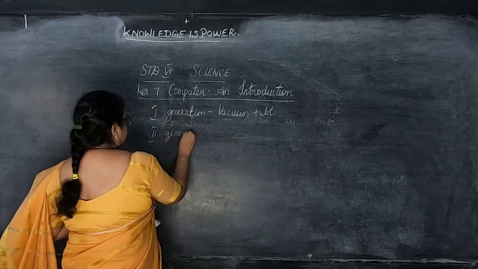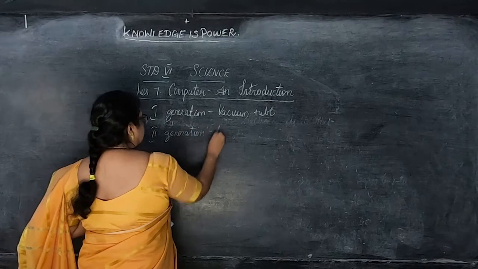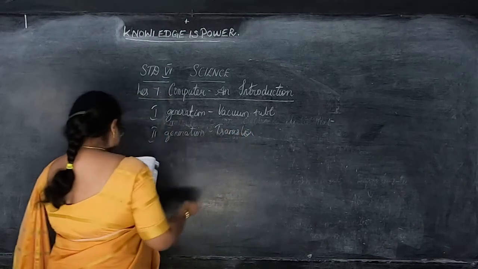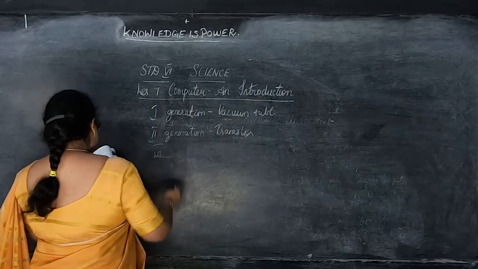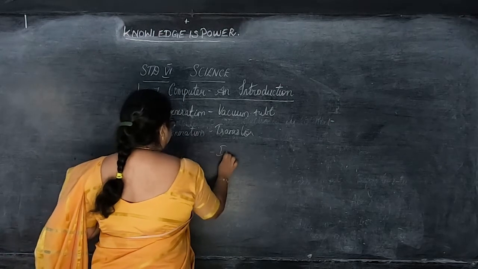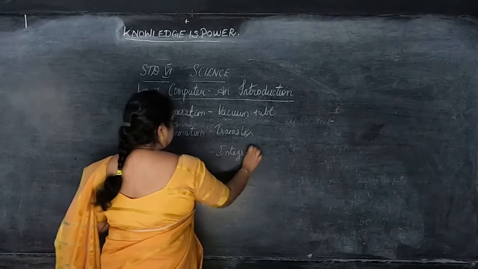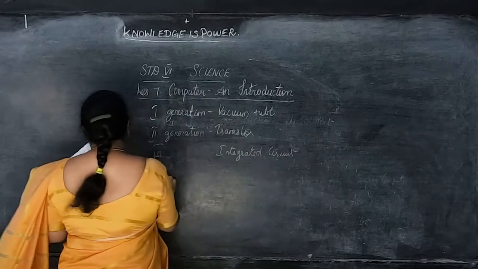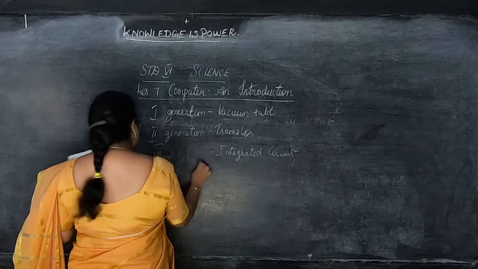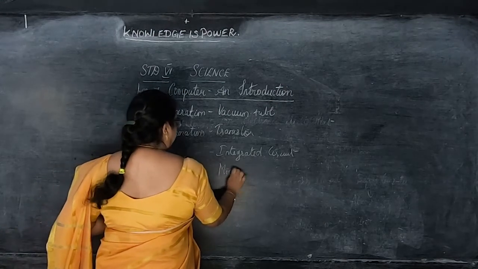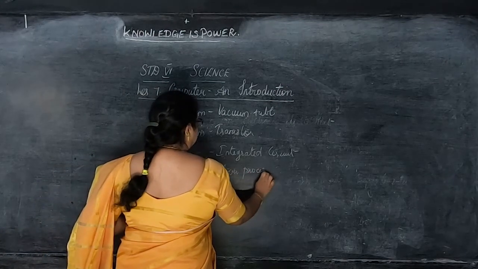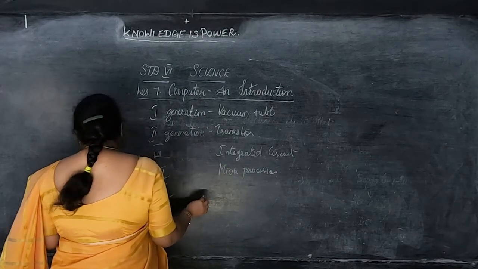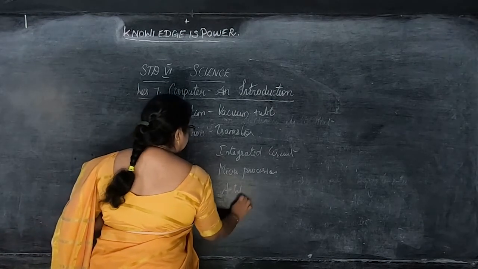You say radio, right? Transistor in those days. Then in the third generation computer, they used the integrated circuit. In the fourth generation, they used the microprocessor. And now in the fifth generation, nowadays, they use artificial intelligence.